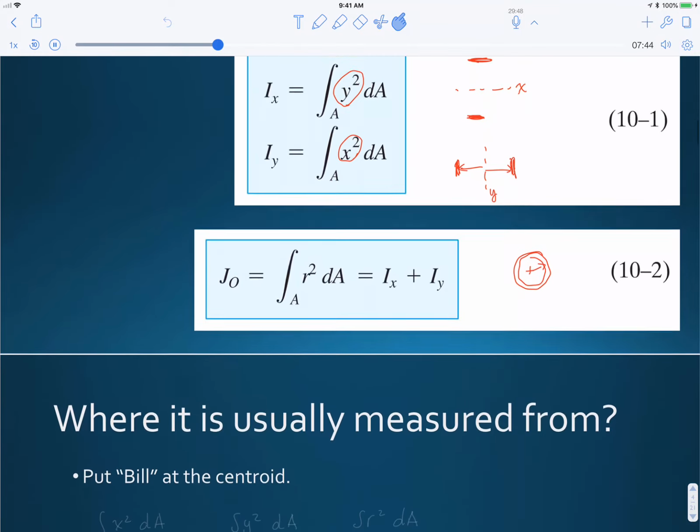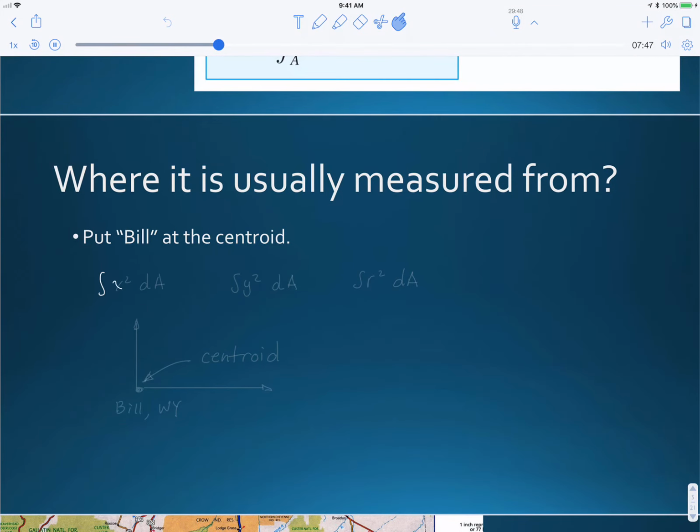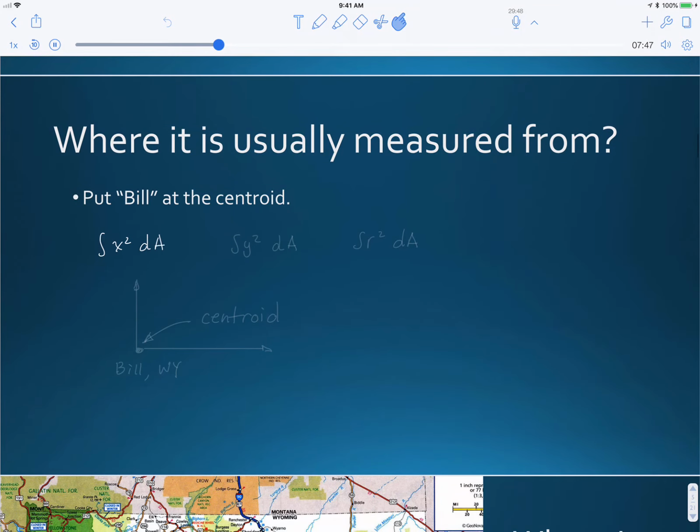So the question is, when you do these integrals of x squared dA, y squared dA, or r squared dA, where are you measuring x, y, and r from? You need to have a coordinate system put somewhere.